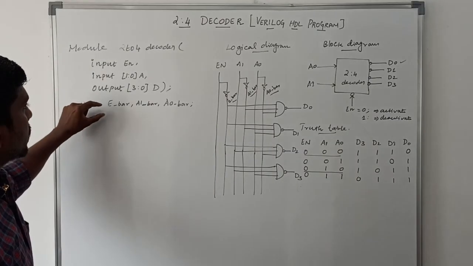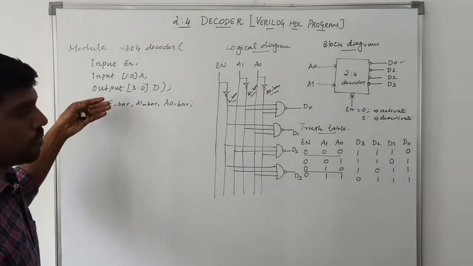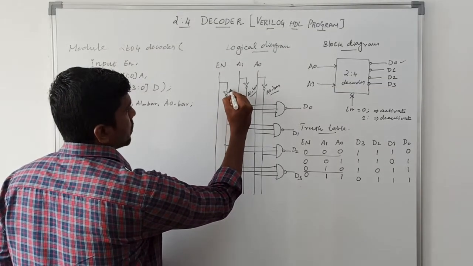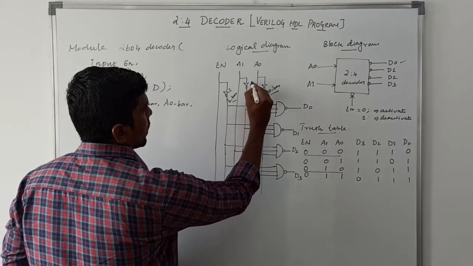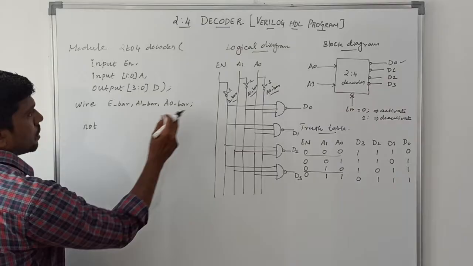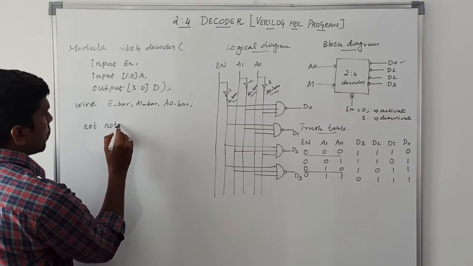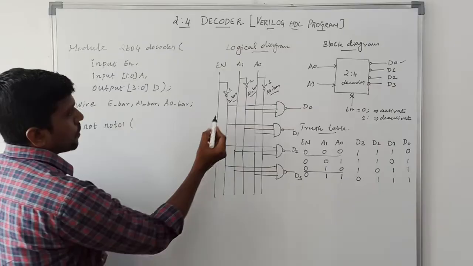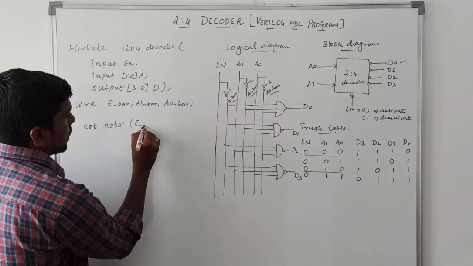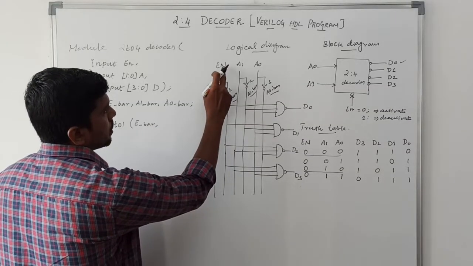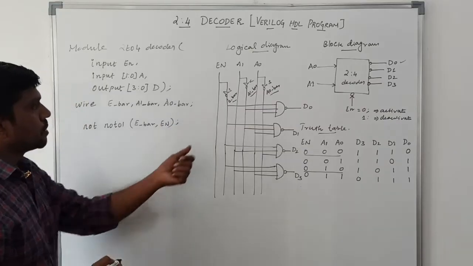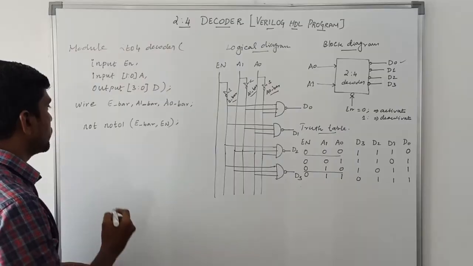After declaring the wire signals and the input and output signals, now we go to take the functions. First you consider NOT 1. This is the first NOT gate, second NOT gate and third NOT gate. First you write the output value. So the output for NOT 1 is E bar. Following that you write the input variable, EN. This is the first NOT gate operation.